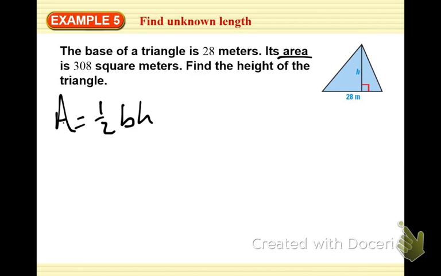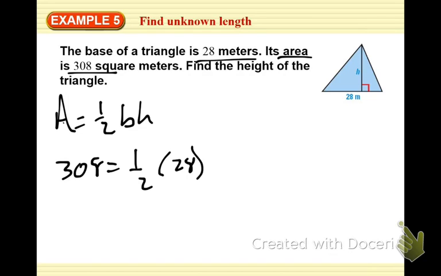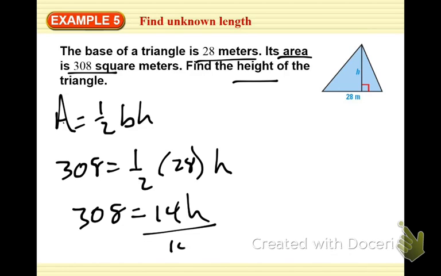Now it becomes easy enough to just plug in what you know. We know the area already, it's 308. We know the base, the base is 28. And we're trying to find the height. Plug in the numbers, hopefully you recognize this as solving an equation. And now we're ready to rock and roll.